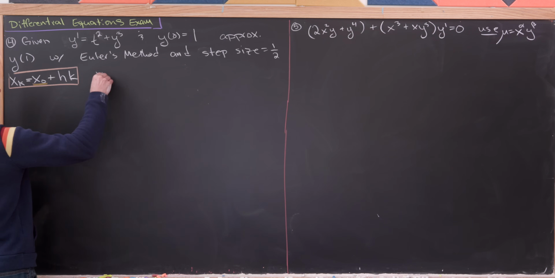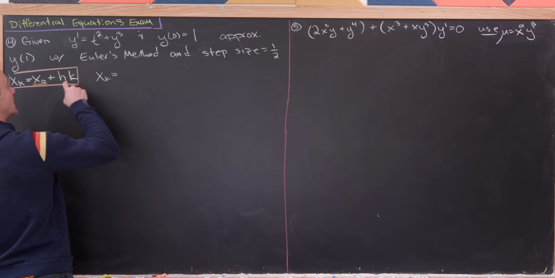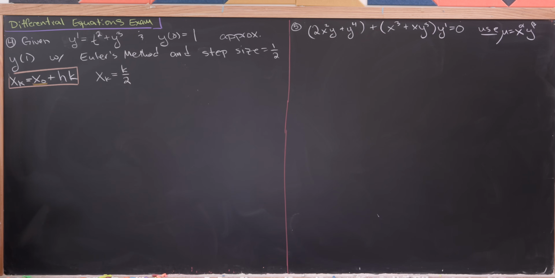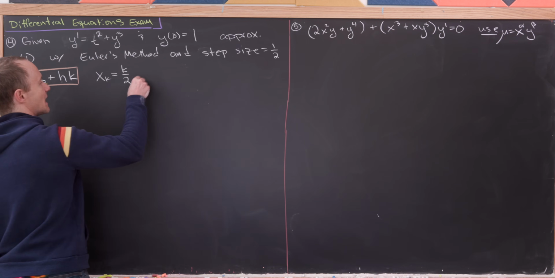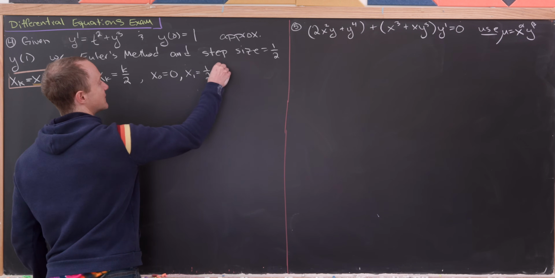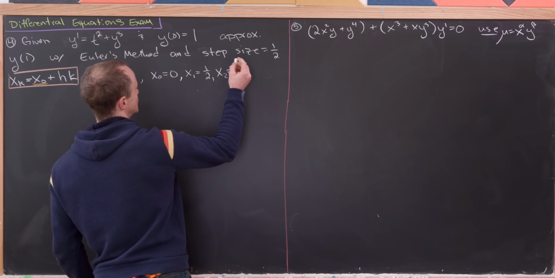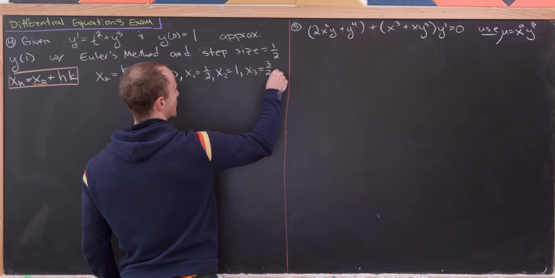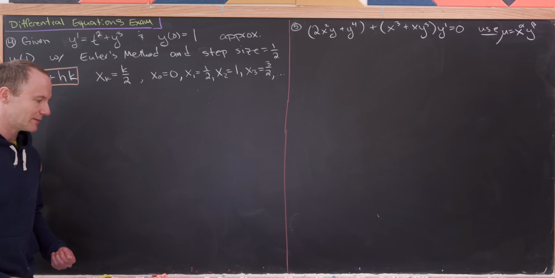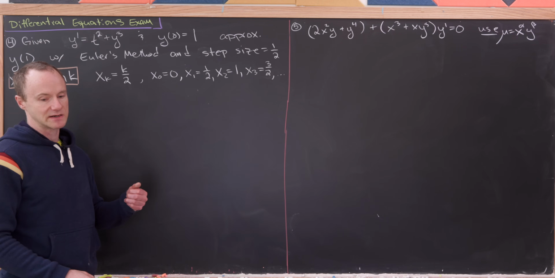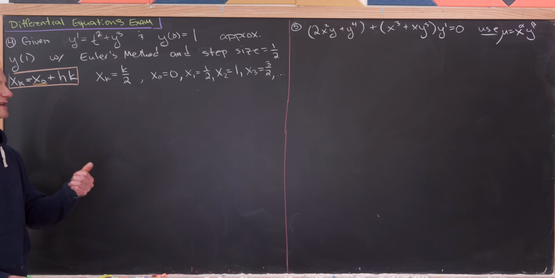So our x_k is simply (1/2)k, or k/2, because we have a step size of 1/2. So x_0 is 0, x_1 is 1/2, x_2 is 2/2 or 1, x_3 will be 3/2, and so on and so forth. We only need 2 steps, so we're not going to use anything past x_2, but just keep that in mind. We actually won't use x_2 because that'll be our ending point.